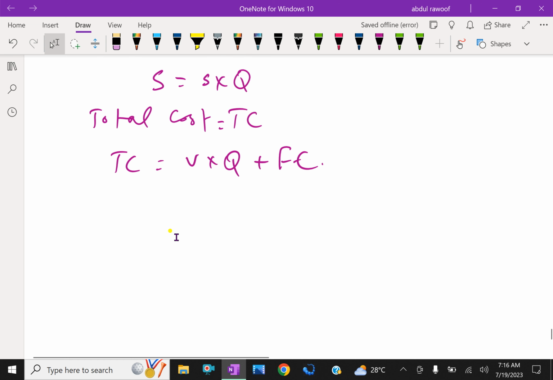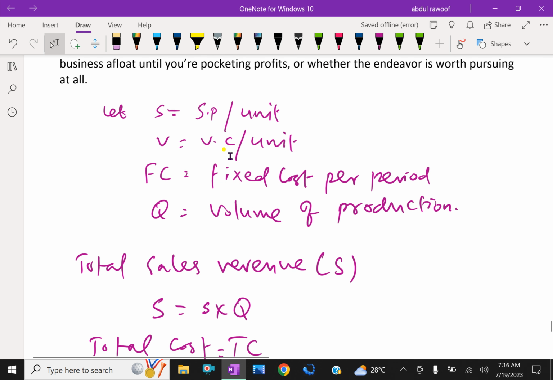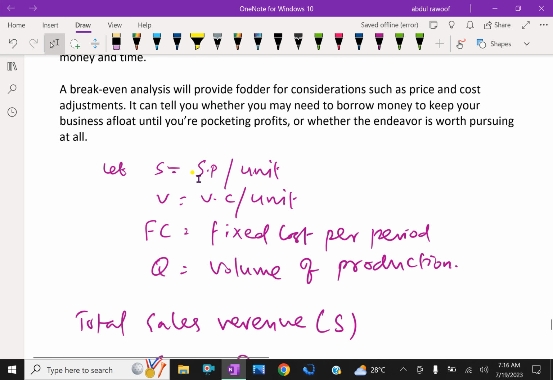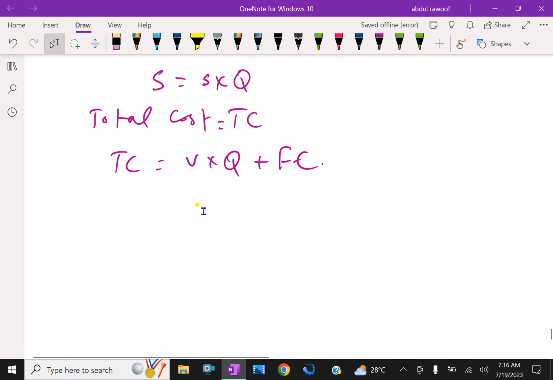This is the total cost of the firm: V into Q plus FC, where V equals variable cost per unit.